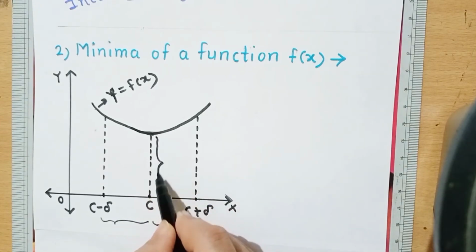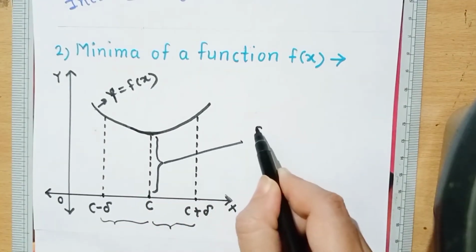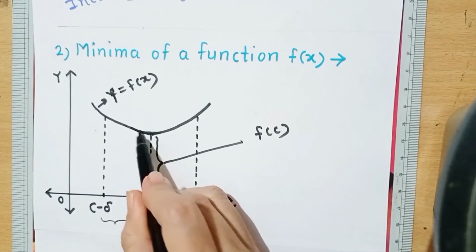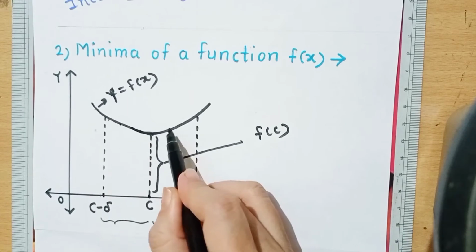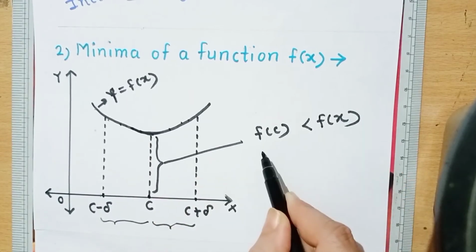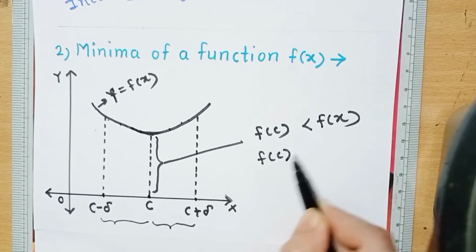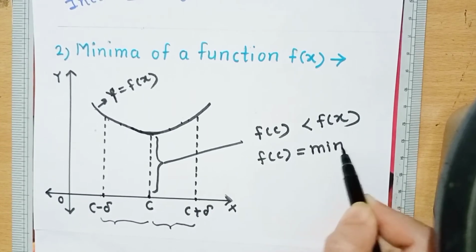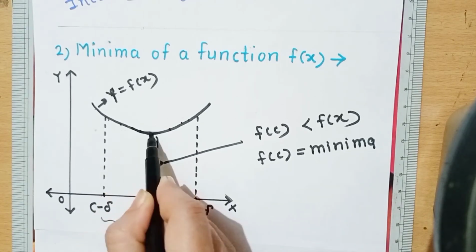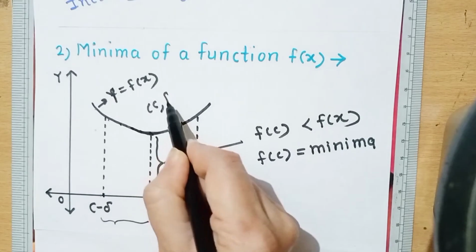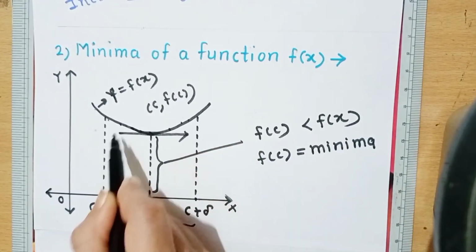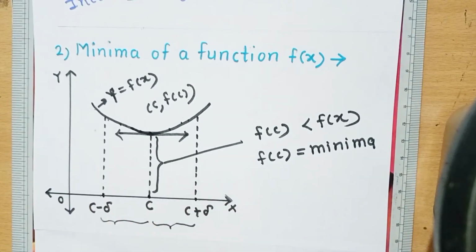and this is f(c), and we can observe this f(c) is smaller than any other value of the function, and so this f(c) is called the minima of the function. And if we draw the tangent at this point, c, f(c), this tangent is parallel to the x-axis.